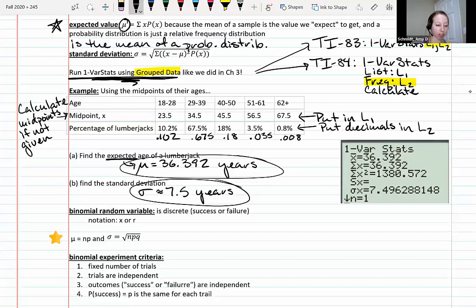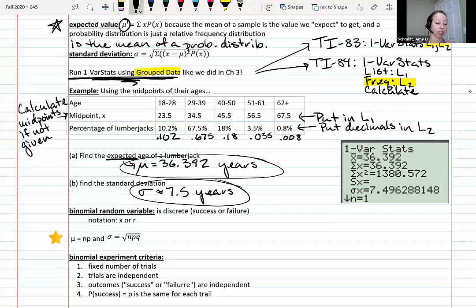So we expect a lumberjack to be 36 years old, but I also wouldn't be shocked if the lumberjack was, say, 43, because that's within a standard deviation. And according to the empirical rule that we learned way back, I think that was also chapter 3, being within one standard deviation of the mean puts you at 68% of your whole distribution. 68% is the majority.